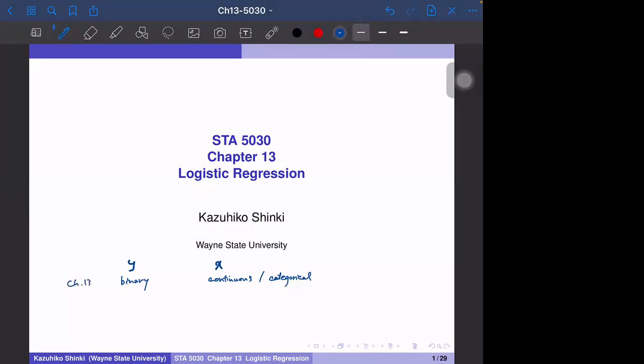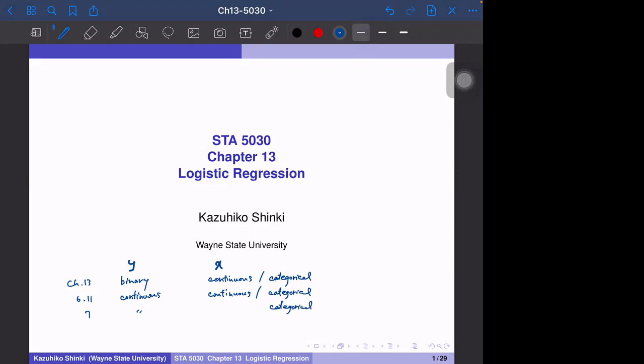In chapters 6 and 11, we thought about the case that y is continuous and x is continuous. If we think about the dummy variable, that is, an indicator variable, it can also deal with categorical data. In chapter 7, y is continuous and x is strictly categorical.